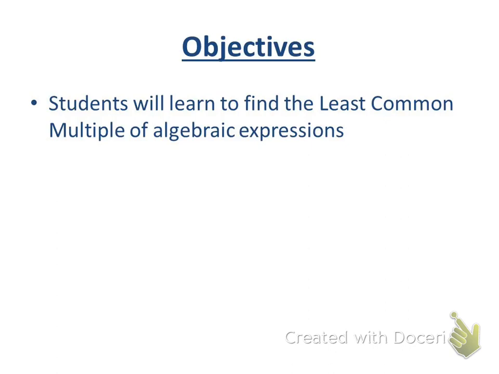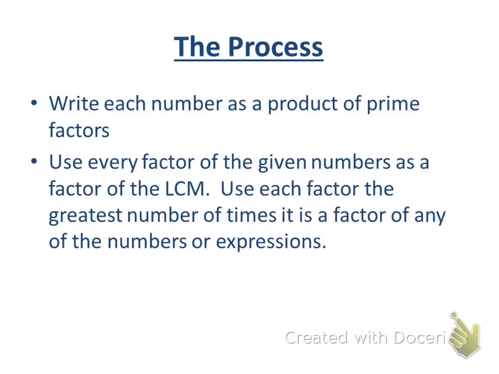So we're going to find the least common multiple of algebraic expressions. We're going to first review what the least common multiple is, all right? So the process, the first thing we're always going to do is write each number or expression, it's not necessarily a number, as a product of prime factors.